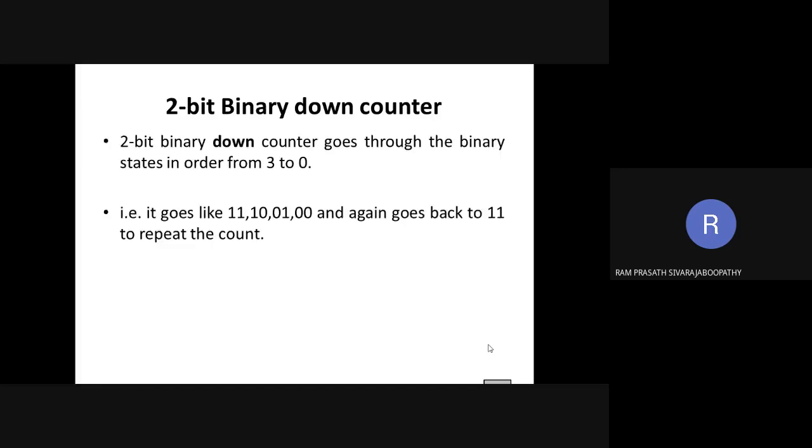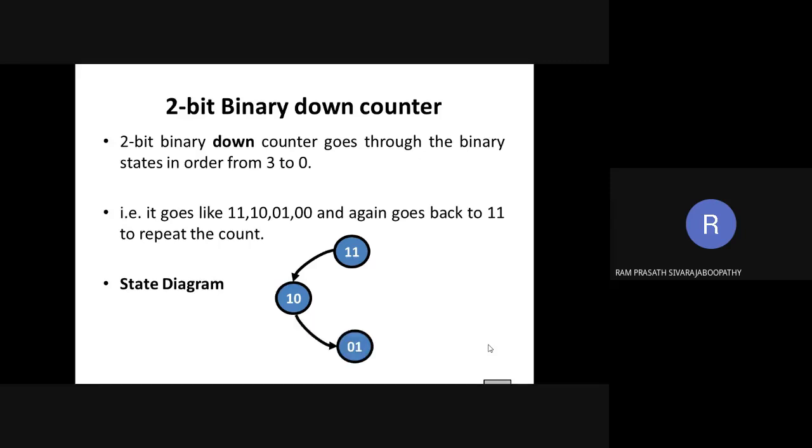So let's go straight in, we can skip the theory. Just take a screenshot. So the initial count state is 1 1. What should the next state be? Down, it decrements. Correct? What about the next state? From 1 1, what will change? 1 0. Very good. Next, 0 1.